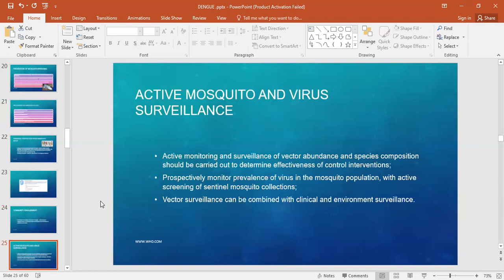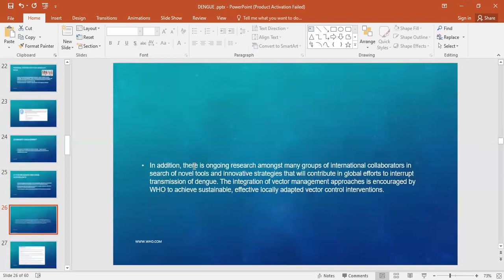Active mosquito and virus surveillance. Active monitoring and surveillance of vector abundance and species composition should be carried out to determine the effectiveness of control interventions. Prospectively monitor prevalence of virus in the mosquito population with active screening of sentinel mosquito collection. Virus surveillance can be combined with clinical and environmental surveillance.